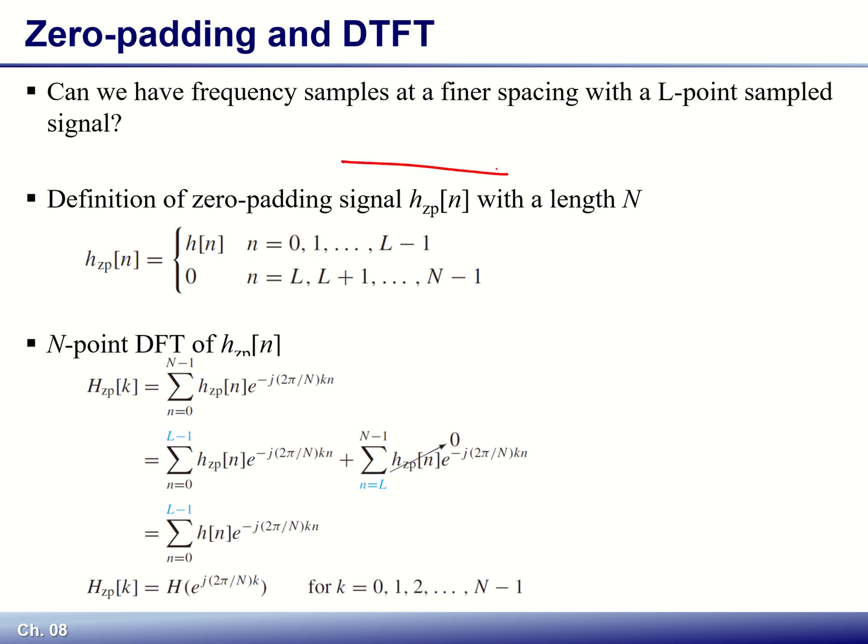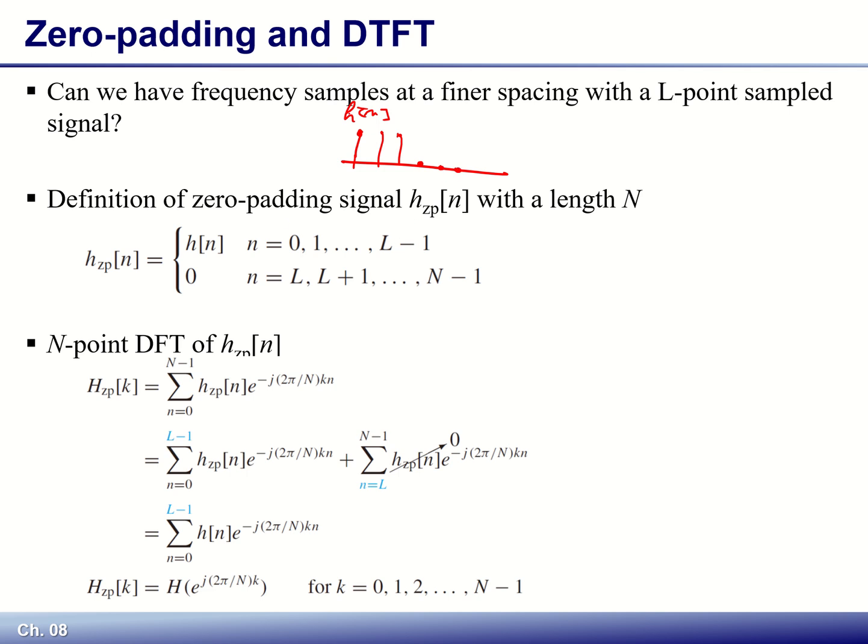It means that here we have h[n] like this, only 3 points. Instead of a 3-point DFT, we can have a 6-point DFT with 3 zero paddings.